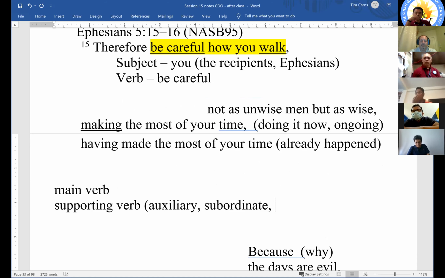There's a lot of different terms for this. Helping verbs are a little different category, but I'm just going to call it a supporting verb. So we have sentences that have main verbs like this.